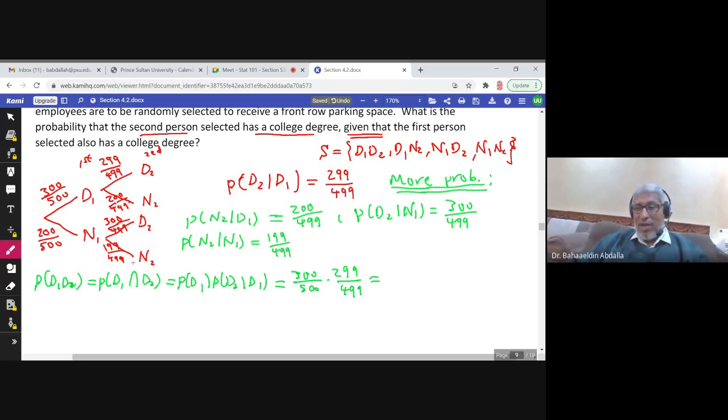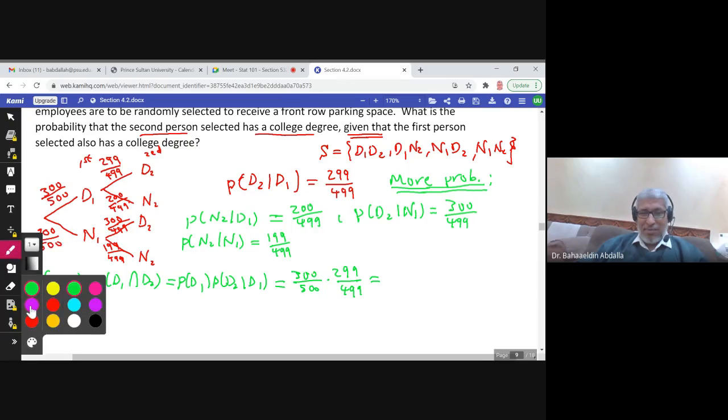Please, at home, try to find the others similarly. So D1, N2, for example, would be 200 over 499 times 300 over 500, always multiplication. Each one of these probabilities would be multiplication because it is and. And if you add the probability of these four outcomes, it should be 1 because it is the sample space. So please check this at home because it's very nice and interesting.